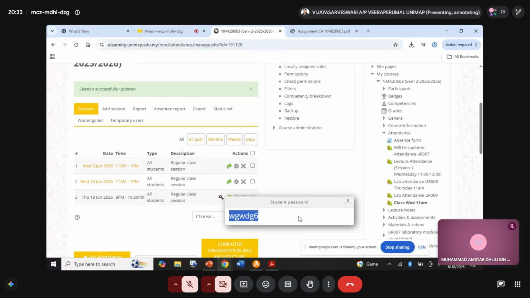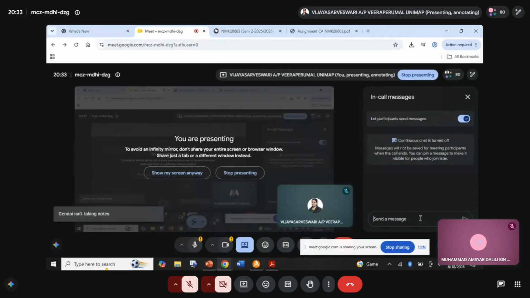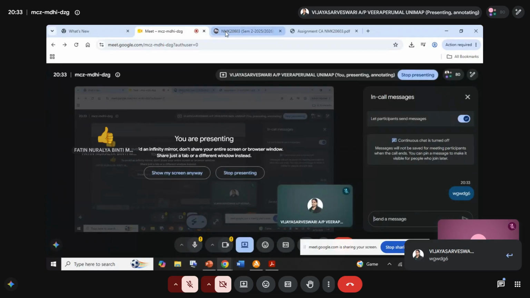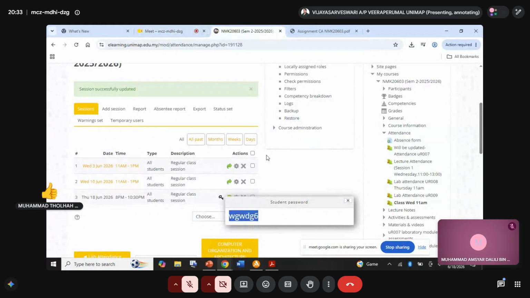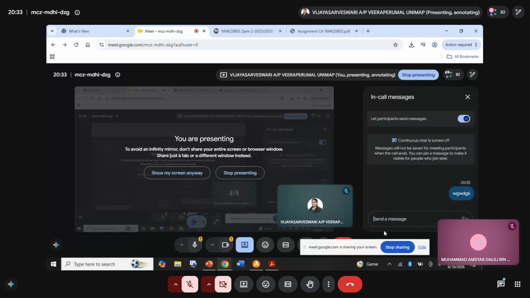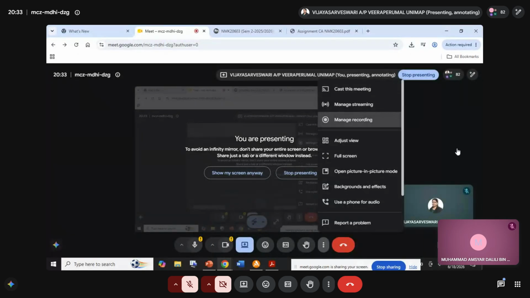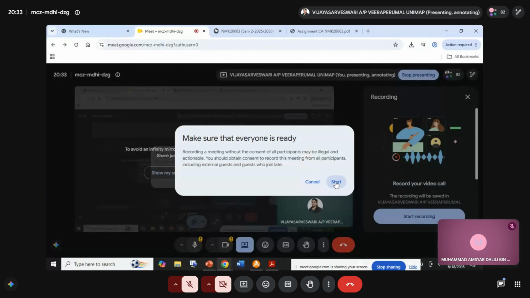Start madam. WGWDG6. Saya masuk dekat ni. Boleh kan? Okay, dah boleh madam. Saya pun tak tahu, tiba-tiba ada password. Alah. Saya nak rekod. Start.